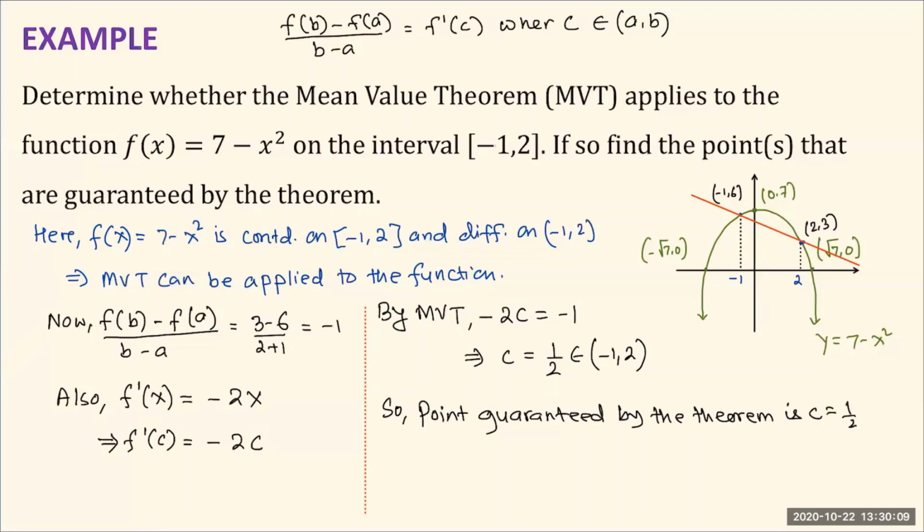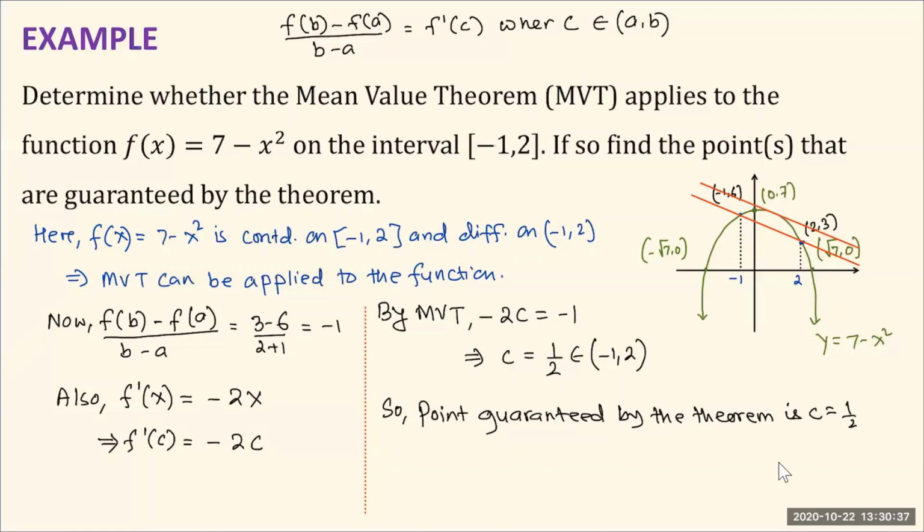That means at c equal to 1 over 2, if I draw a tangent line, it will be parallel to that. So you can try that. If we try to draw the tangent line that is parallel to that, maybe it will be something like this. Let me try to draw it properly. You can see they look parallel.